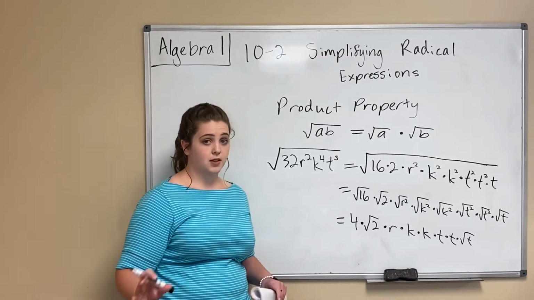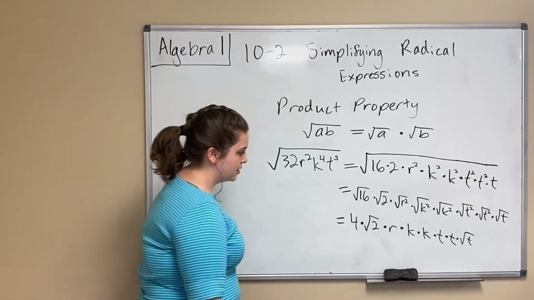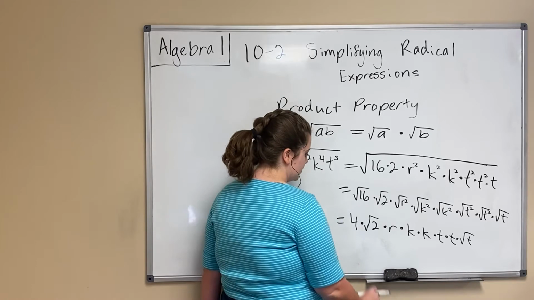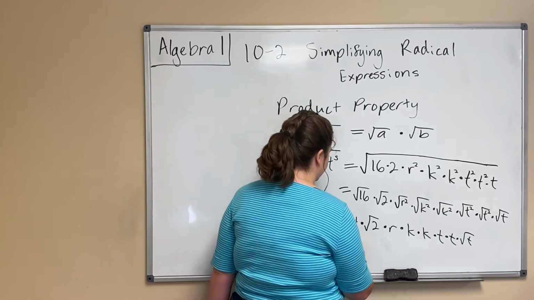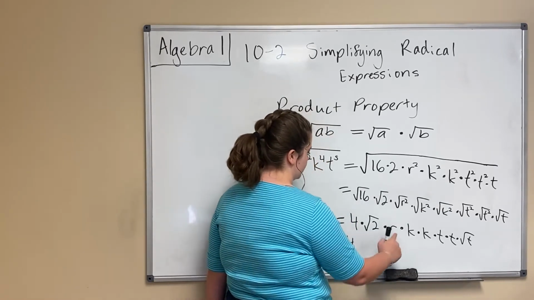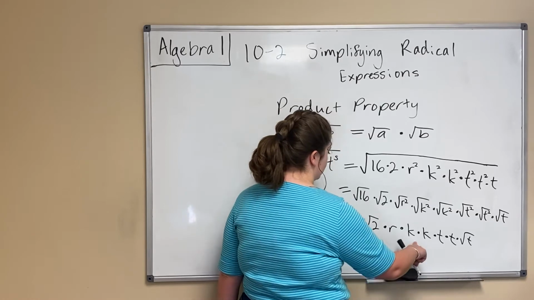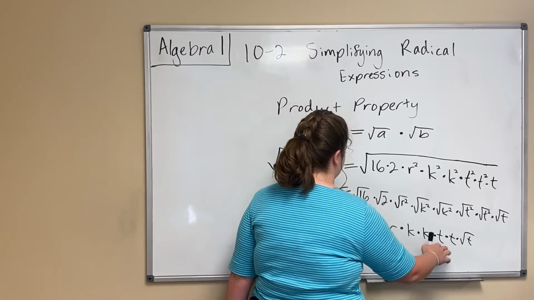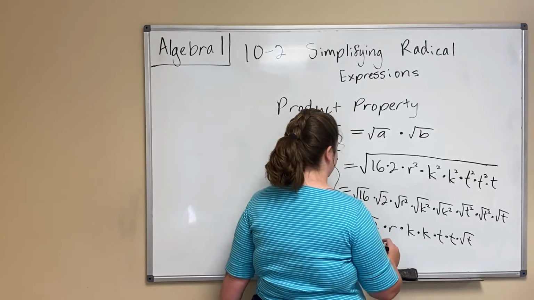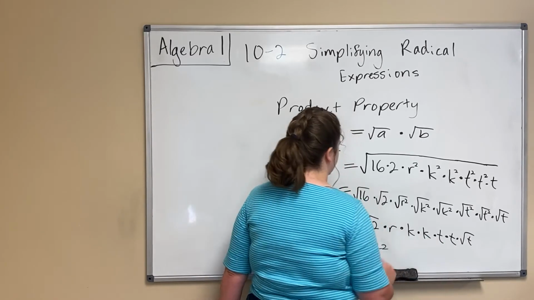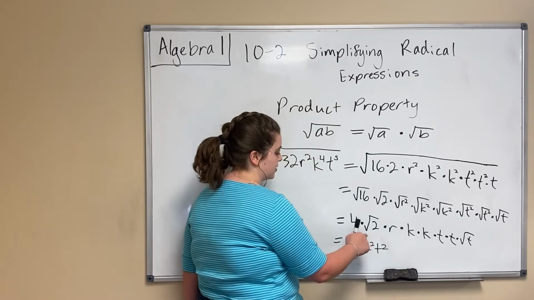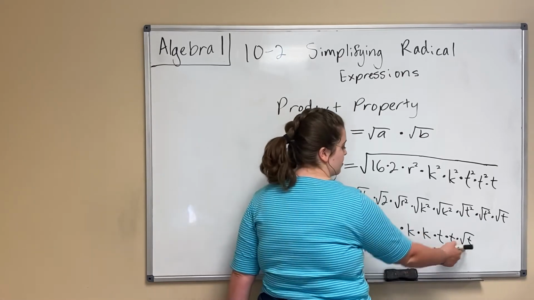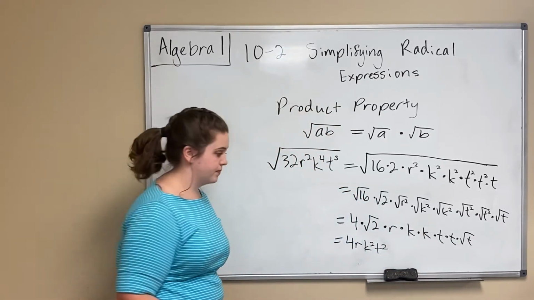Now I'm going to combine my like terms. So I'm going to start by putting 4, then r, 2 k's left, so k squared, 2 t's on the outside of the radical, t squared, and then we have the square root of 2 and the square root of t left over.